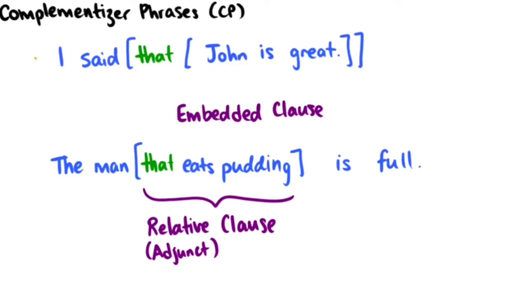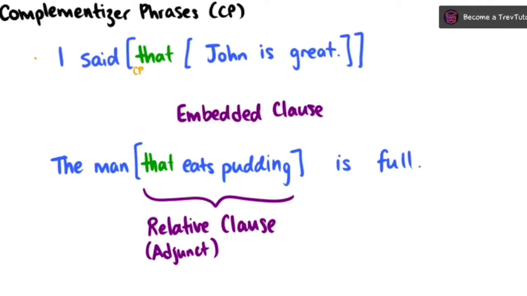And now, I will give you an example of how to find the complement phrase. Complement phrases are phrases that usually start with the words that, if, or whether. For instance, in the first sentence, I said that John is great.